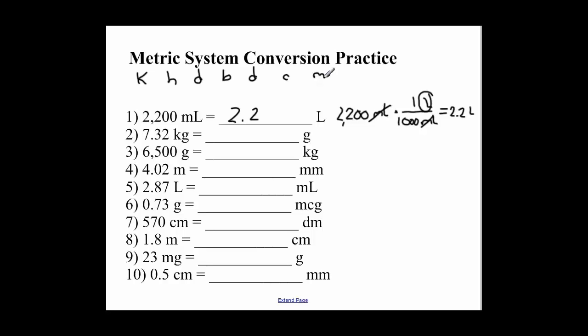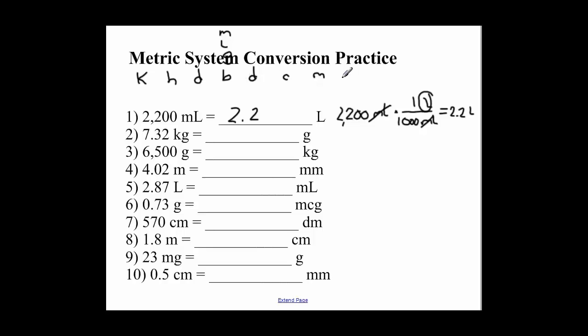Kilo, hecto, deca. B stands for the base unit, which is meter, liter, or gram. Let me write that above that. The B is meter, liter, or gram. Then D is deci, C is centi, M is milli.